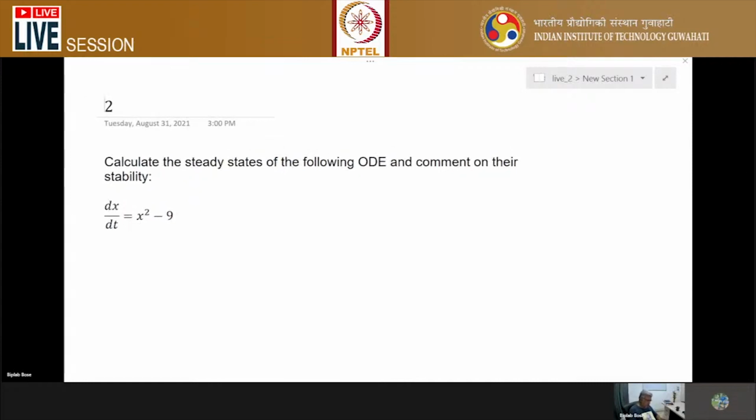The first problem says that an ODE is given, dx/dt equals x squared minus 9. We have to calculate the steady states of the following ODE and comment on their stability. I'll wait for 1 or 2 minutes. It's a very silly question, very simple. If you have learned what a steady state is, you should be able to answer it very fast.